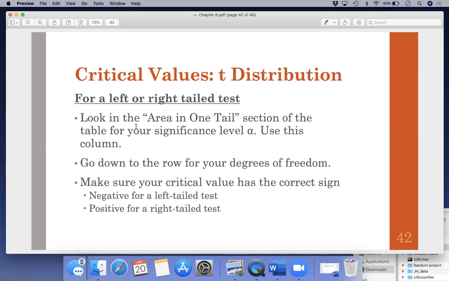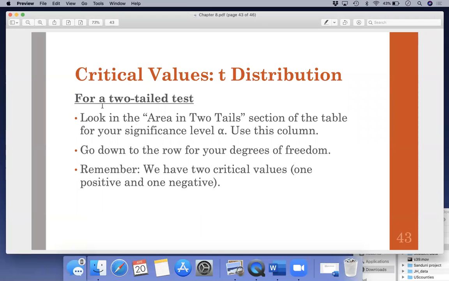In previous chapter 7, we only had two-tail tests, because there we only had to find confidence intervals. But in this chapter, we have left or right tail tests, and we also have two-tail tests.